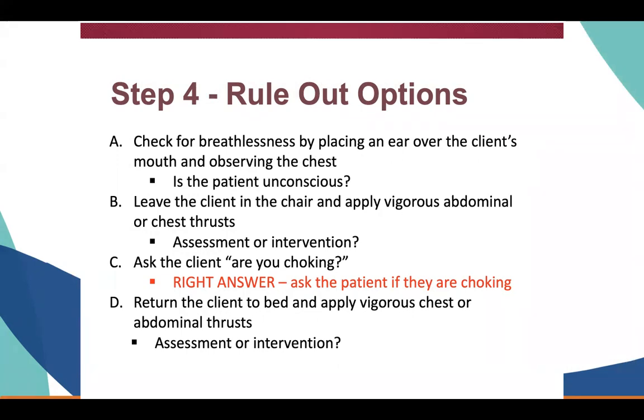It's an intervention, so we can eliminate option B. Option D, return the client to bed and apply vigorous chest or abdominal thrusts. Is this an assessment or intervention? It's an intervention, so we can eliminate it. Option C, ask the client, are you choking? This is the right answer. Ask the patient if they are choking. We need to assess first.